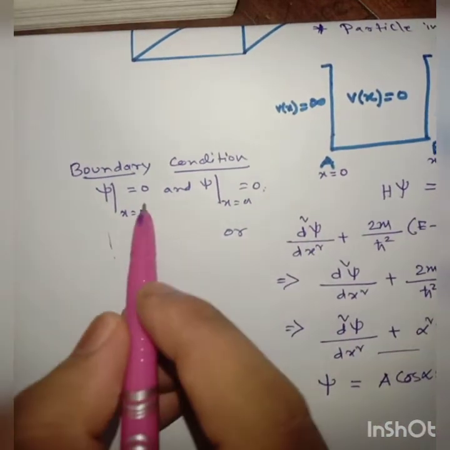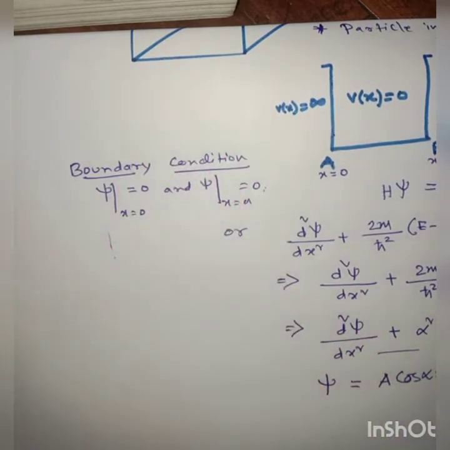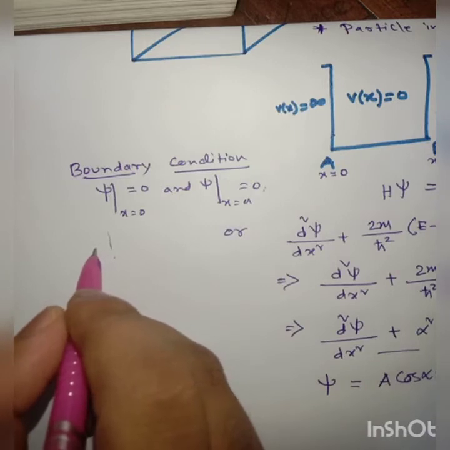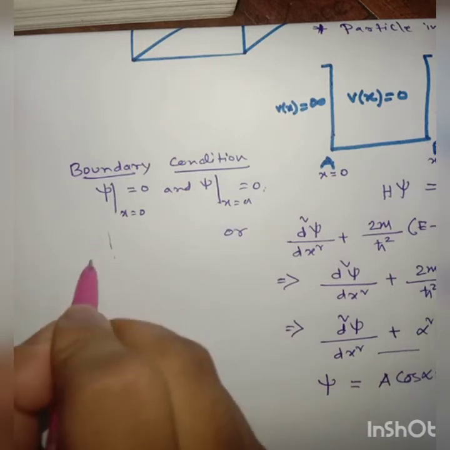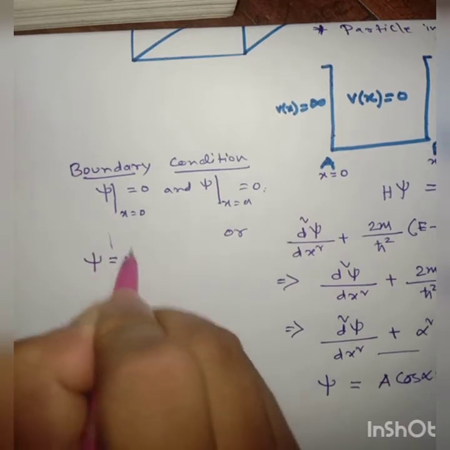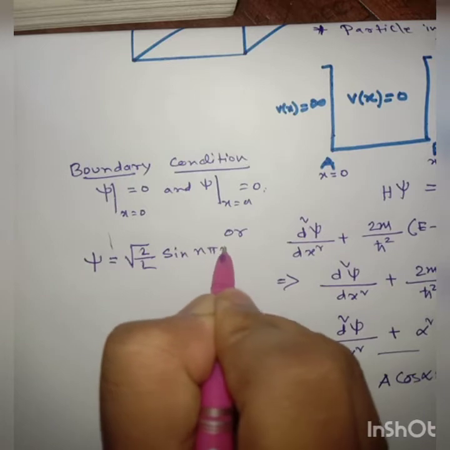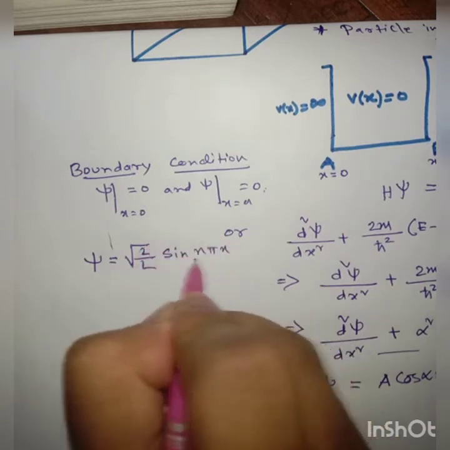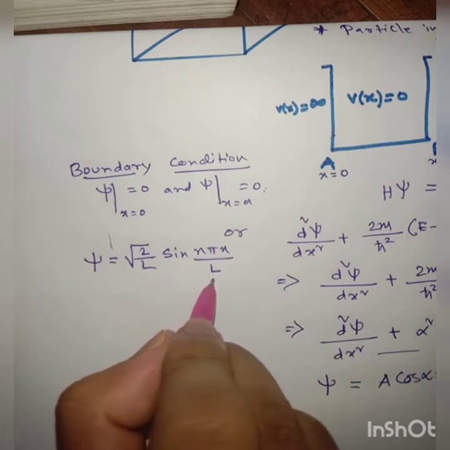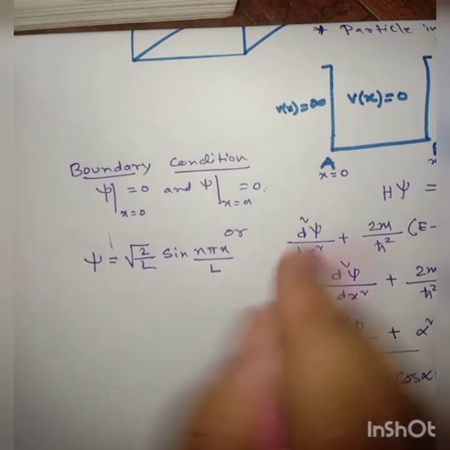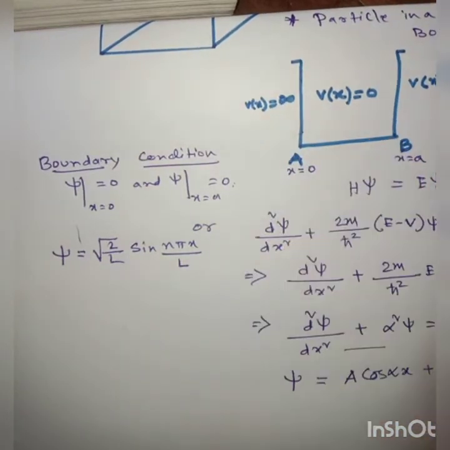Now if we use the above boundary conditions, we will get psi equals root over 2 by L sin(nπx/L). Here L is the width of this box.